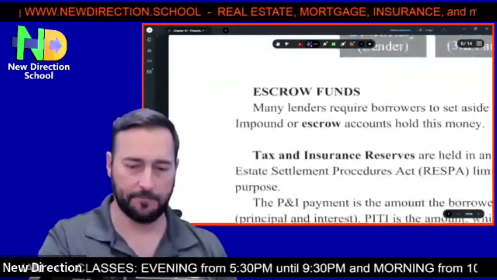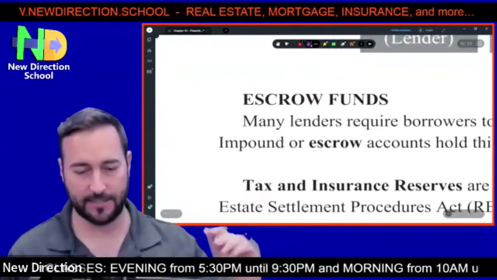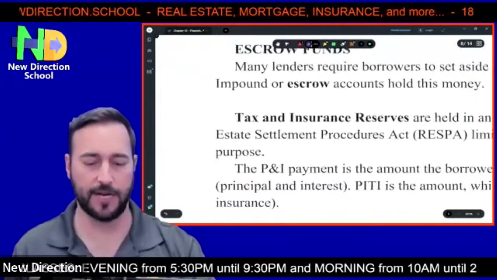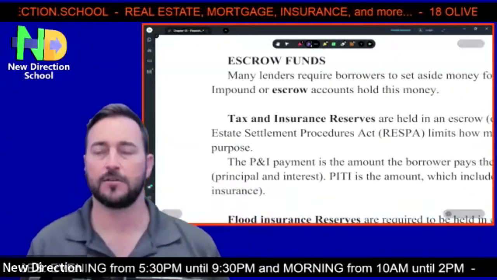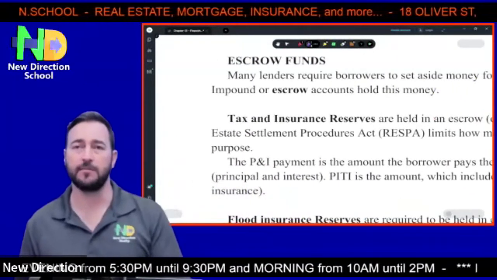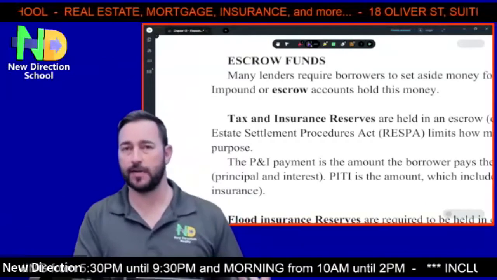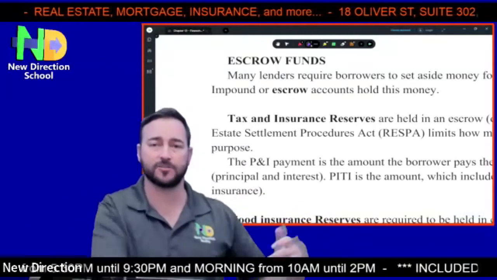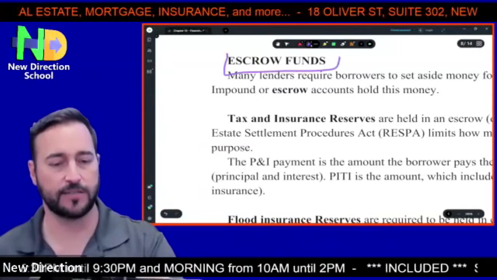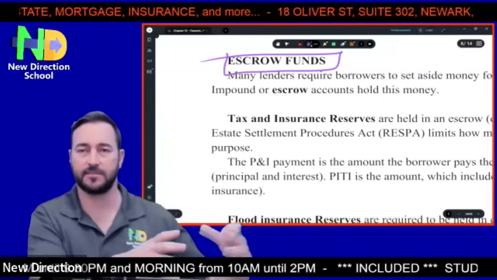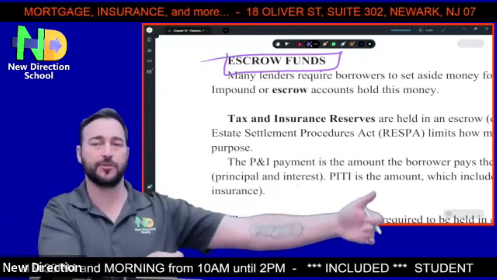All right. We also talked about tax and insurance reserves when we did our math, PITI. So the bank asks for money in every single payment, and they put that money aside. That's called escrow funds. They put that money aside for when the bill is due.